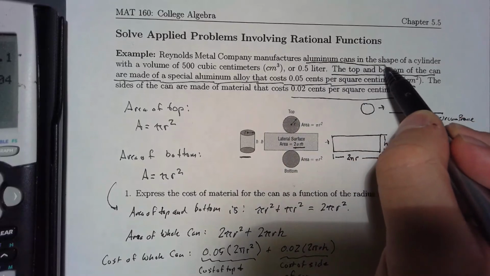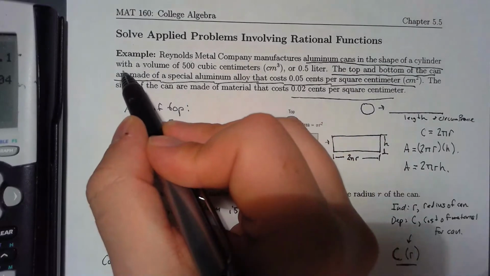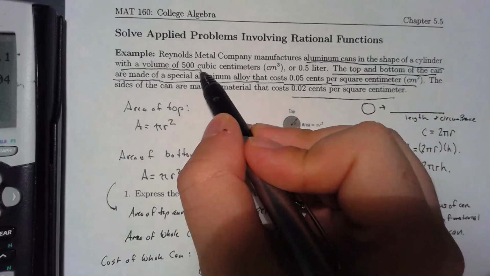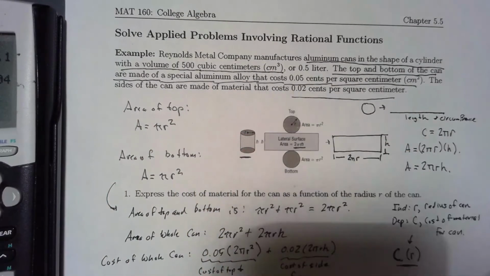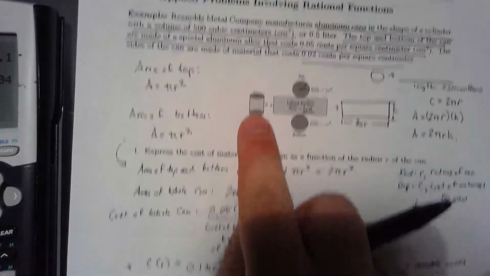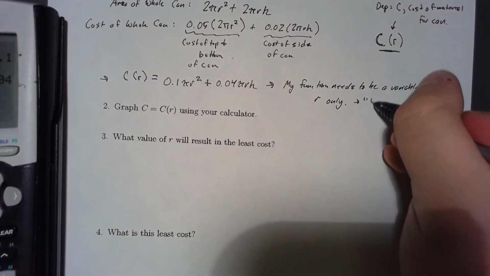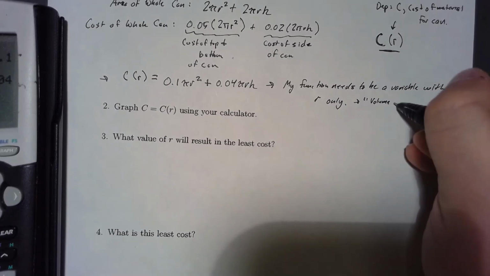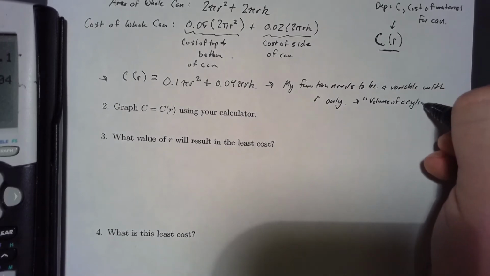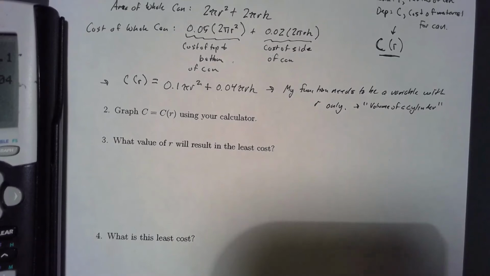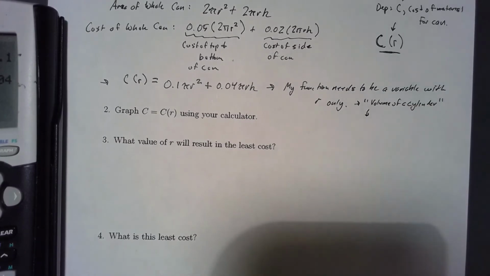Aluminum cans are in the shape of a cylinder with a volume of 500 cubic centimeters. So I need to use the formula for the volume of a cylinder, which I'm having difficulty recalling at this particular moment because it's late at night.